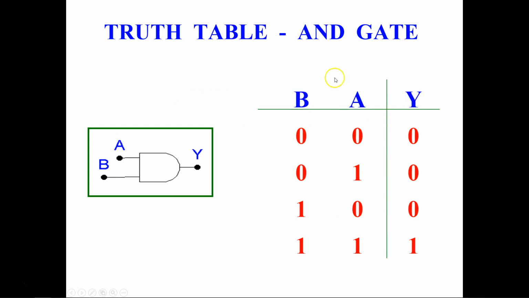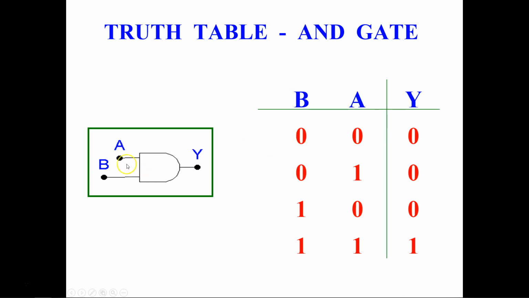So here on the right hand side you see the truth table for AND gate. I hope you remember that the inputs A and B, when they are multiplied, then the output is produced. So here we have these inputs which are going into A and B. Let's go step by step.